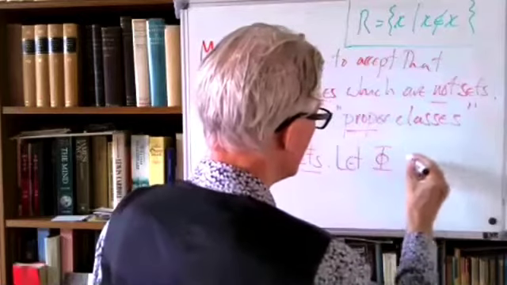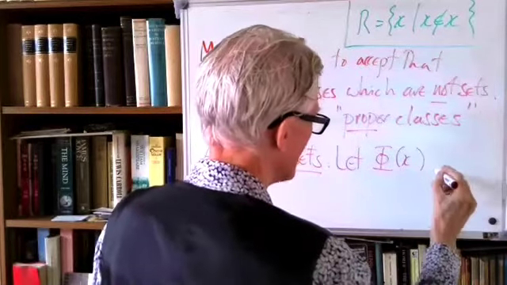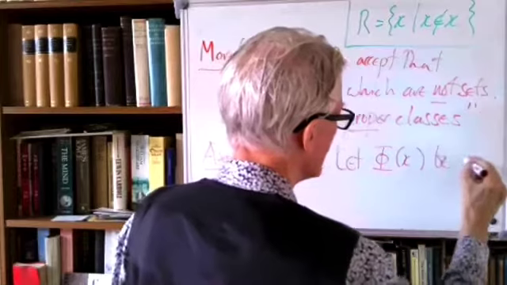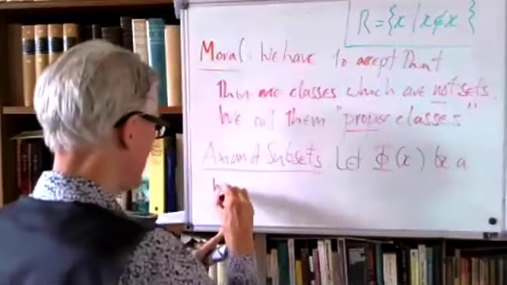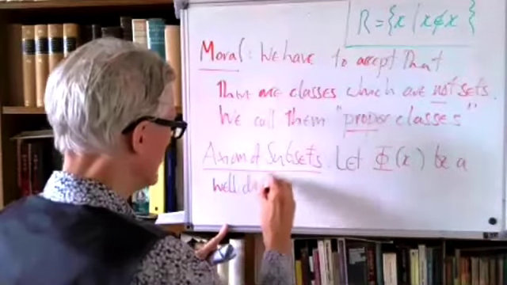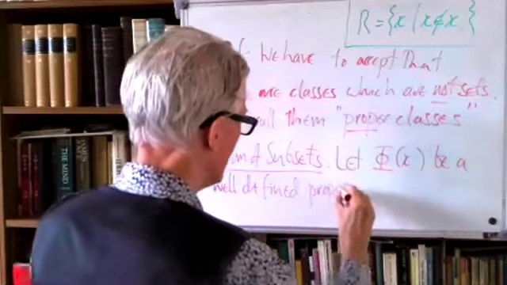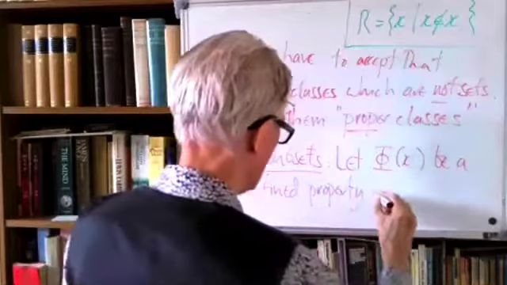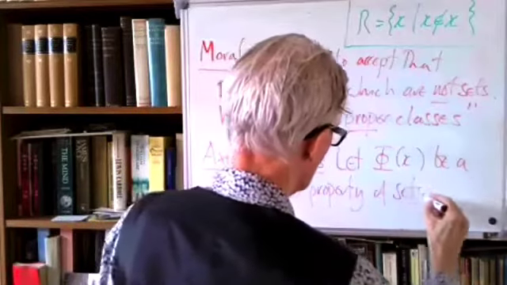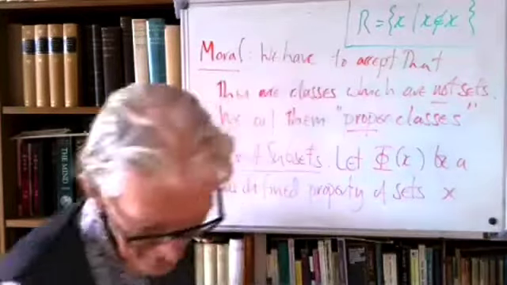So phi is a formula, or an expression, and it gives us some well-defined property of sets x.